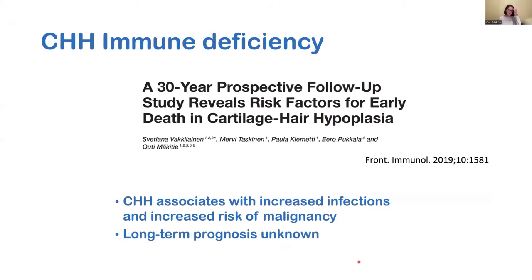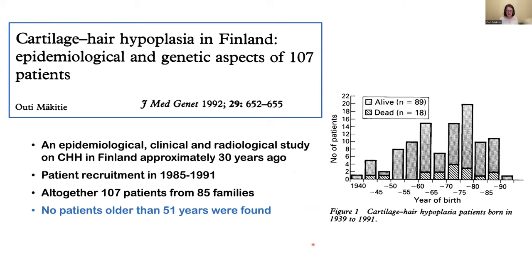But we've also done this study to look prospectively at the prognosis of the disorder, and this is actually based on my early studies when I was doing my PhD work in 1992.